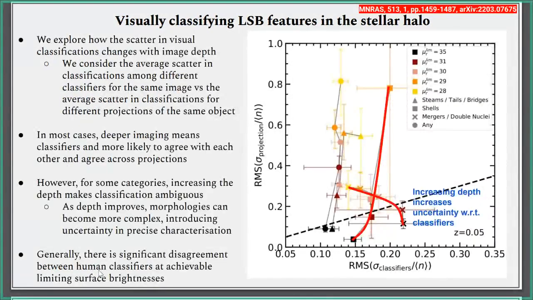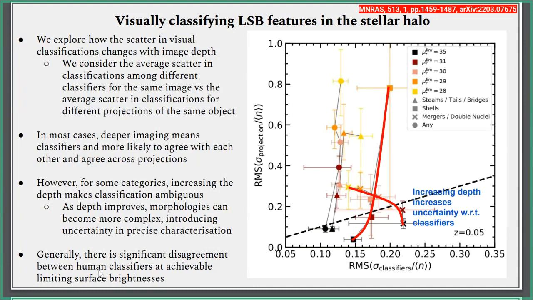So when we look at how different classifiers classify the same objects in different orientations, in this plot I'm showing the level of disagreement between classifiers on the y-axis, where we've controlled for the projection, and on the x-axis, we're basically looking at the average scatter among different classifiers for the exact same image.